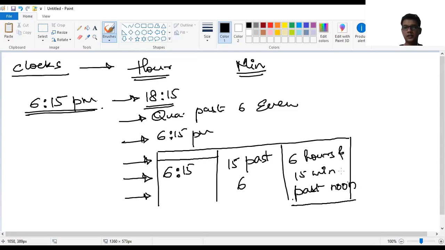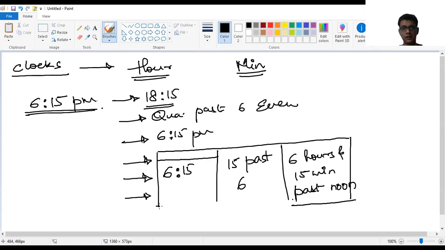The last category of timing is not used much unless my time is closer to noon or closer to midnight. If it is, let's say, 1:15, it makes sense for me to say it's 1 hour 15 minutes past midnight, or it's 2 past midnight if it's 2 o'clock in the morning, 2 a.m. But it's not significantly used when it's 6 or 7 hours past midnight or noon.